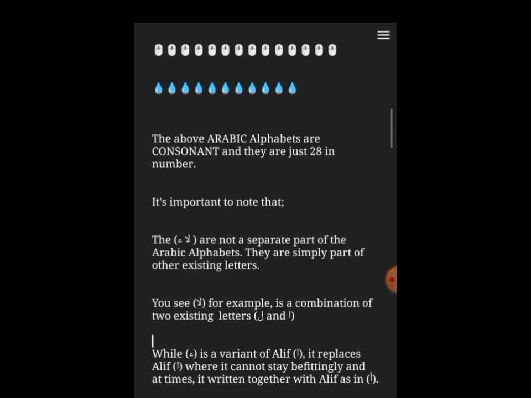And Hamza can replace Alif in a place where Alif cannot stand, especially at the end of the word. For example, words like Sahara. Take a close look. Sahara. The first Alif, the Alif before the Hamza, is an Alif Mad.